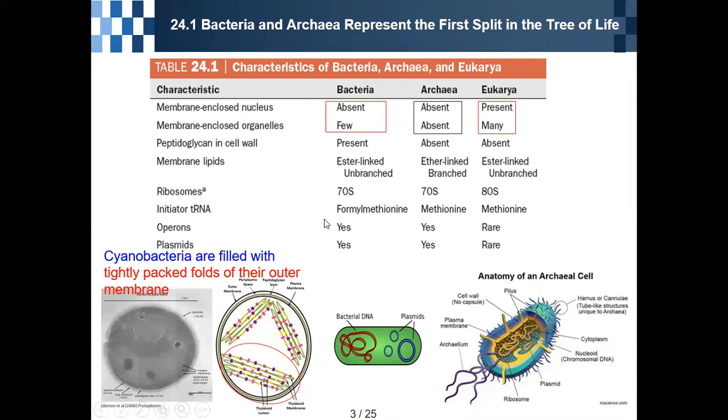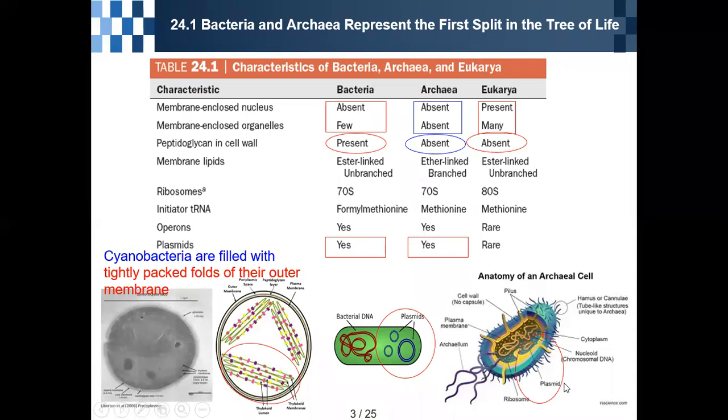Okay, and another important thing in this table, for example, peptidoglycan in the cell wall: in bacteria it is present. The archaea don't have it, and eukaryotes don't have it. We will see details in the next slide. Finally, the bacteria have a plasmid, circular DNA, and the archaea also have a circular plasmid.